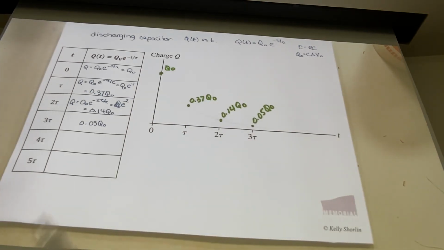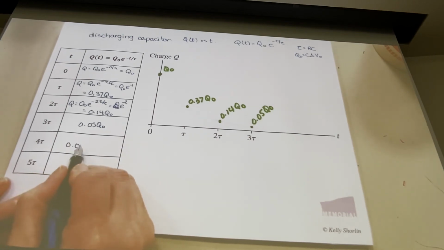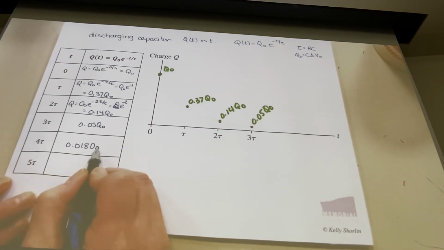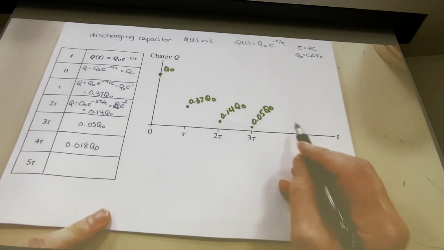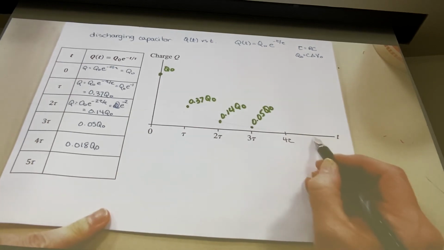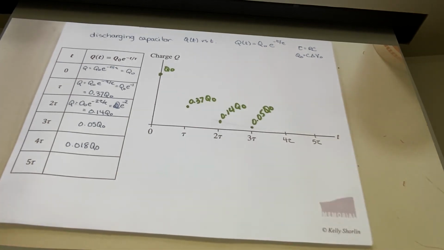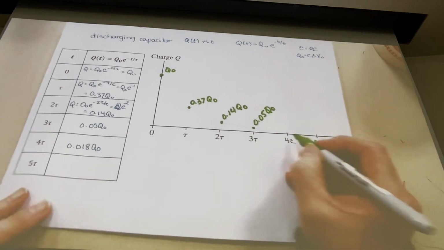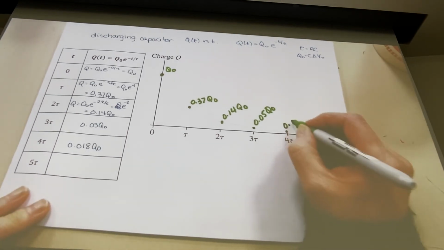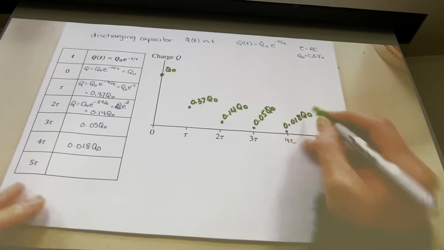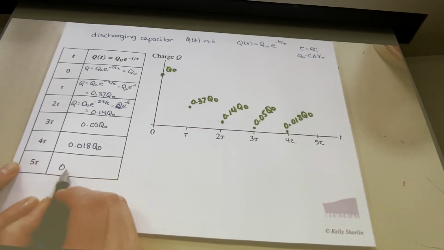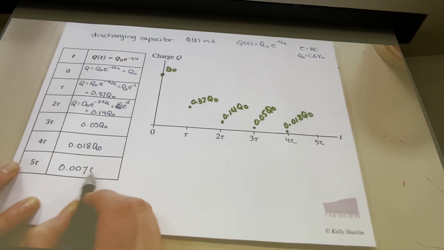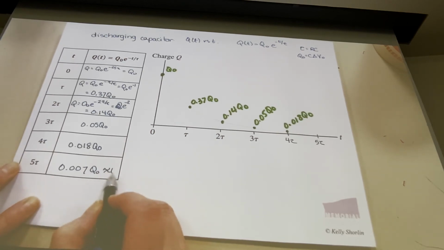Four time constants, we're getting really small, 0.018 Q0, 1.8%. Right here. And after 5 time constants, we're down to 0.007 Q0, which we say is about equal to 0.